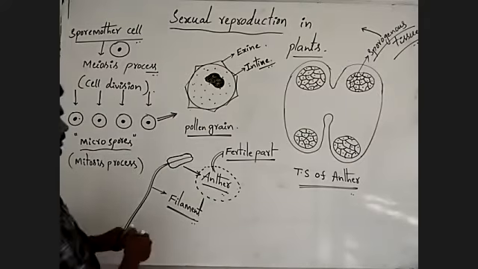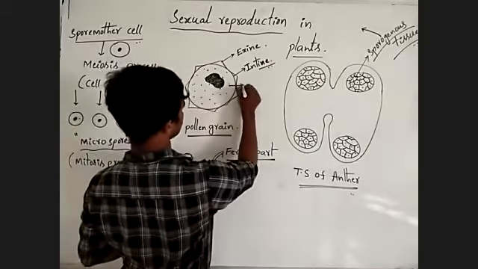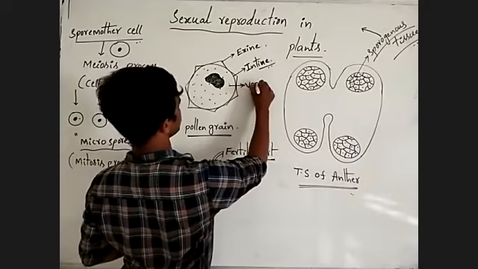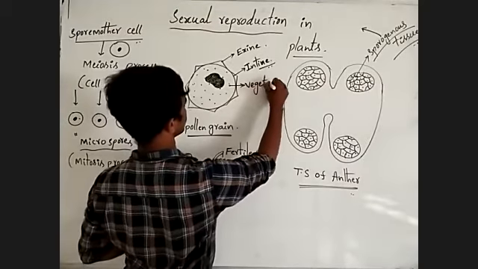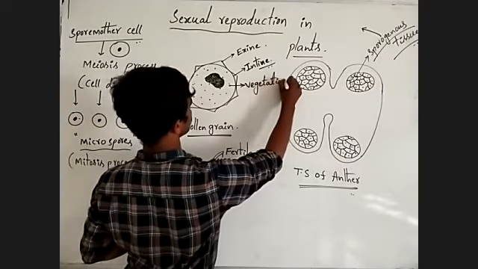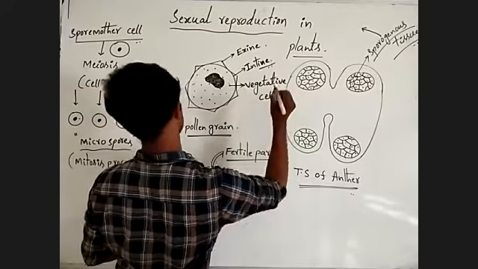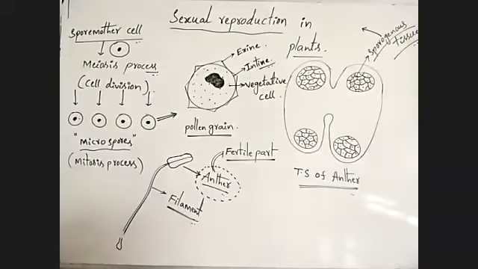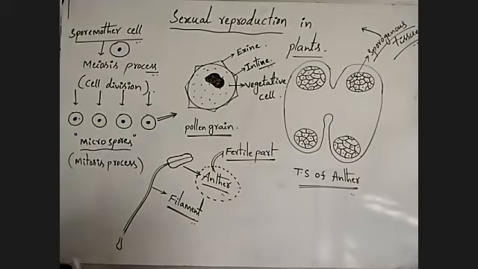Here a large cell is present. This large cell is called the vegetative cell. What? Vegetative cell.